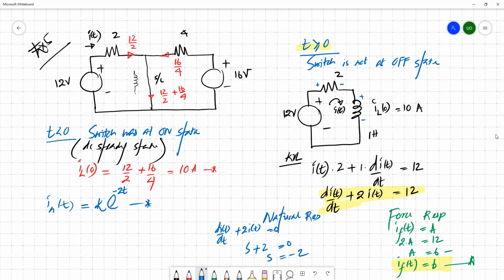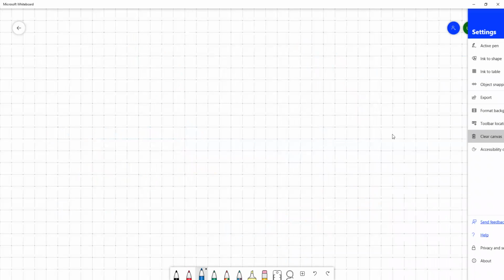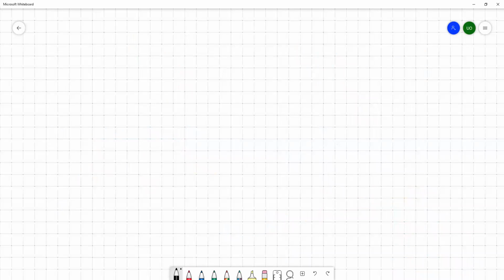From these two, we can find the total response. The total response i(t) is the sum of i_N(t) plus i_F(t). i_N(t) is k e to the power minus 2t, and the forced response is 6. Then apply initial conditions.